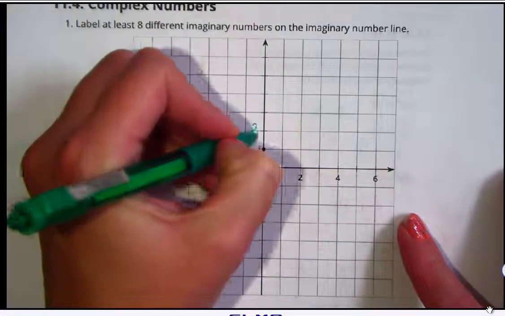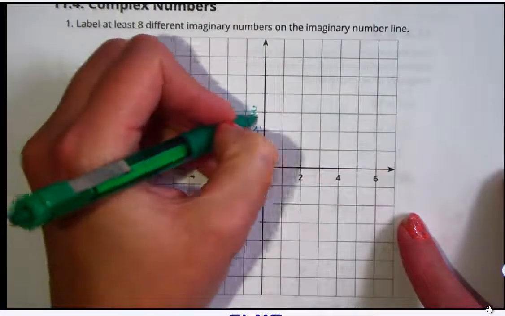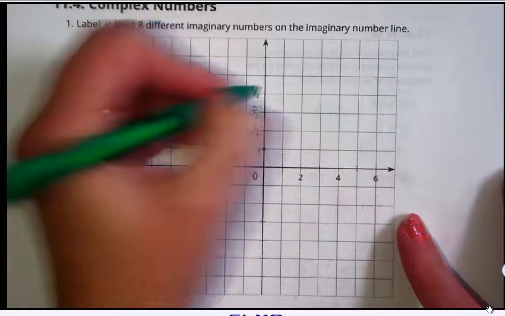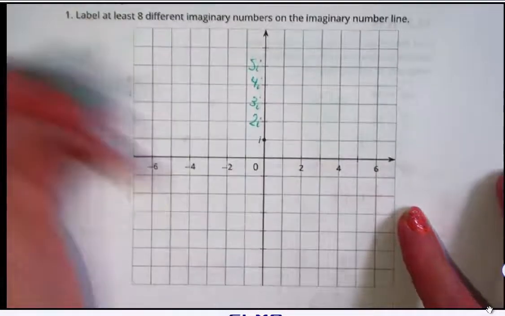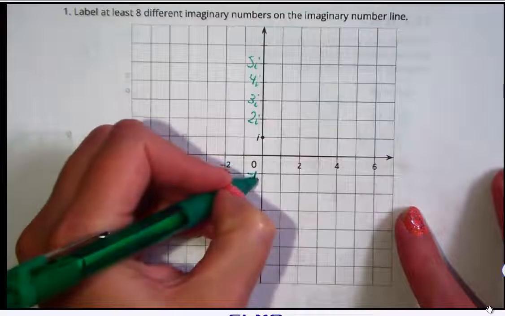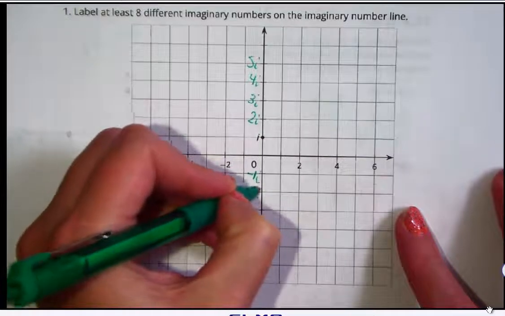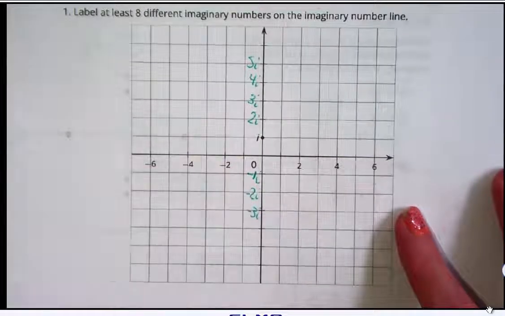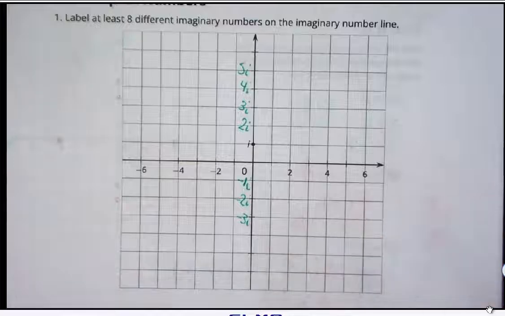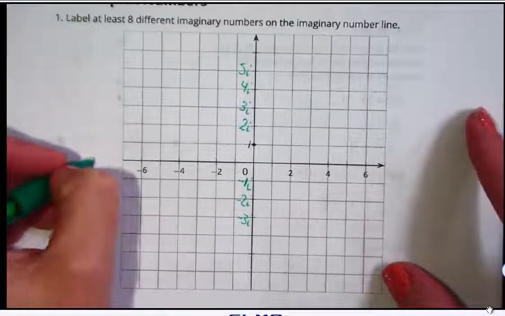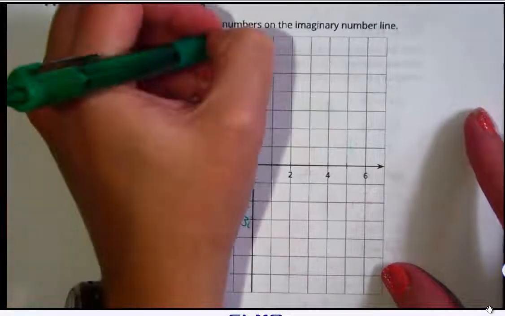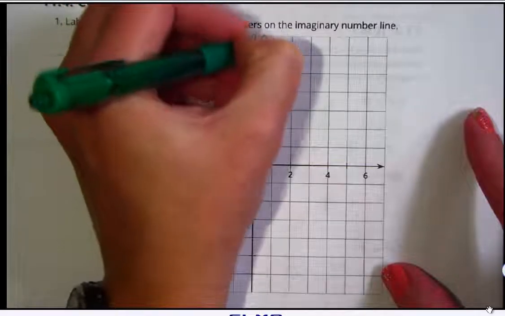Look, there's 2i, and 3i, and 4i, and 5i. Negative 1i, and negative 2i. Just reinforcing that we have our real numbers if we're using these planes and our imaginary numbers.